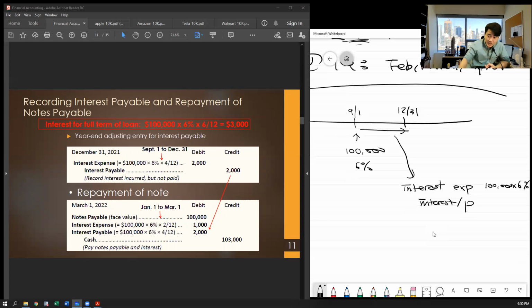Okay. Now on February 28th, or in this case, March 1st, you're going to pay back the original principal amount. Okay, so at that point, you are going to pay back the principal amount, which is 100,000, and then notes payable.